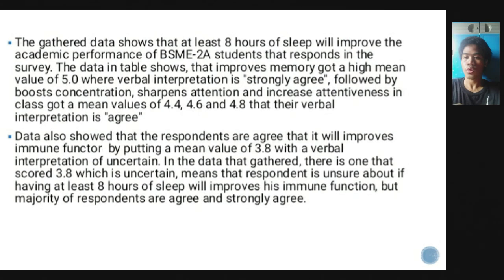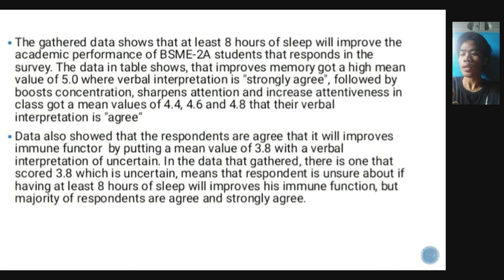The gathered data show that at least 8 hours of sleep will improve the academic performance of BSME 2A students that responded in the survey. The data in the table show that improves memory got a high mean value of 5, where the verbal interpretation is strongly agree, followed by boosts concentration, sharpens attention, and increases attentiveness in class, which got mean values of 4.4, 4.6, and 4.8.